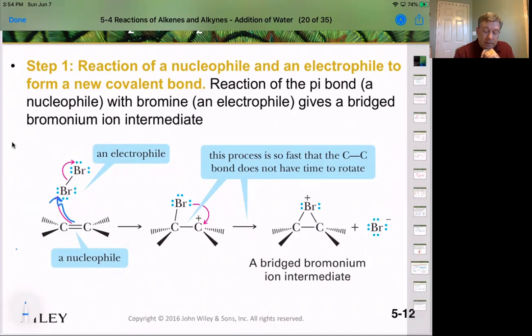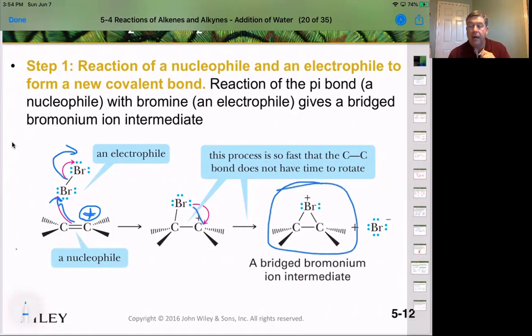When it does that, the electrons that were bonding the two bromines together with that sigma bond go to the other bromine, giving us bromide ion, okay? When it does that, we now have our partially positive, our carbocation here on the other one, and it can actually use the electrons on the bromine to make our new sigma bond here, and we actually end up with this bridge species called the bromonium ion.